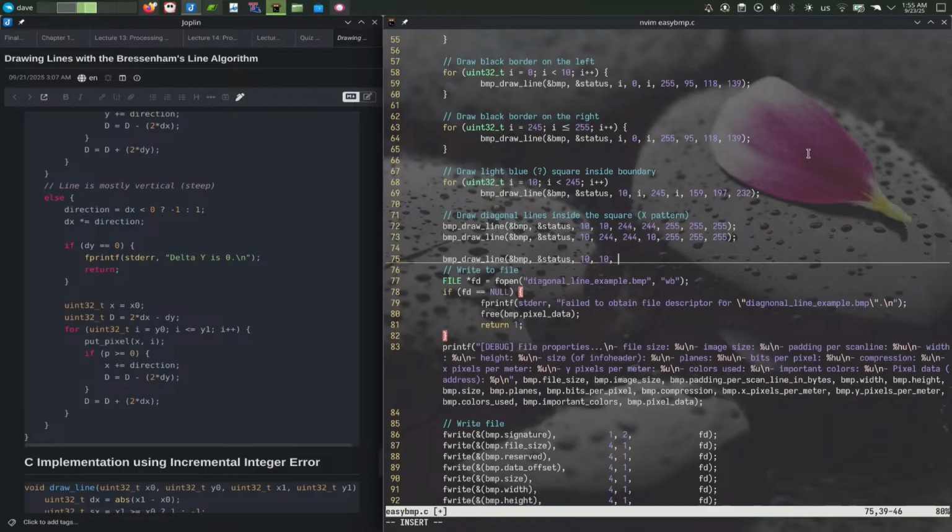So 234 divided by 2 is, what, 127? No, geez, man. 117. So I'll have this go to 117.